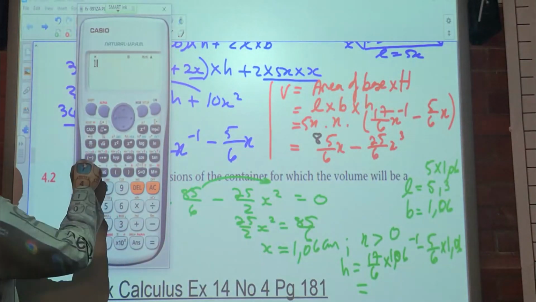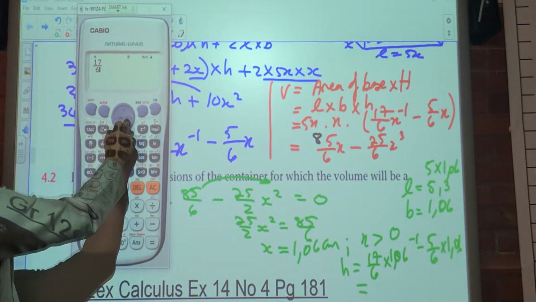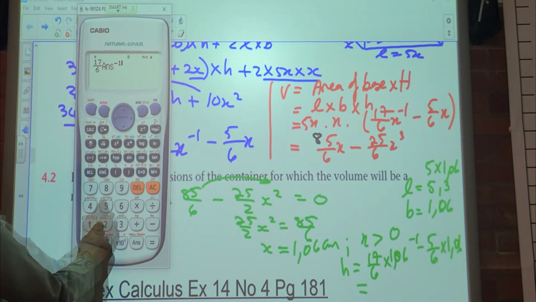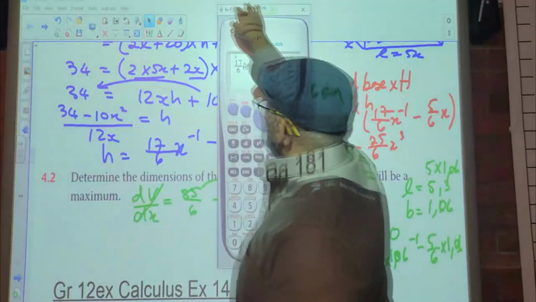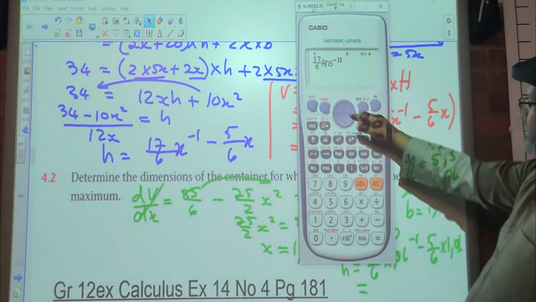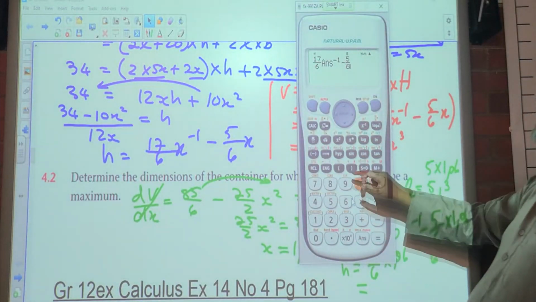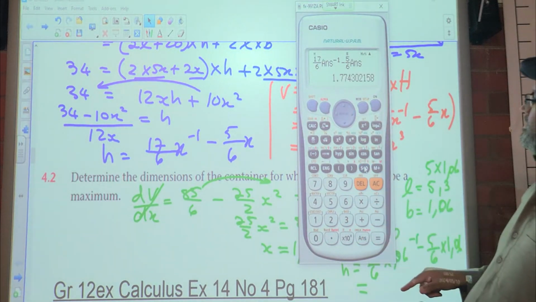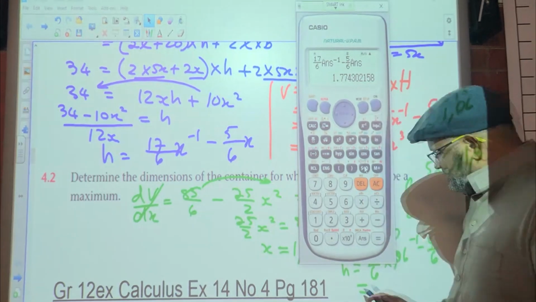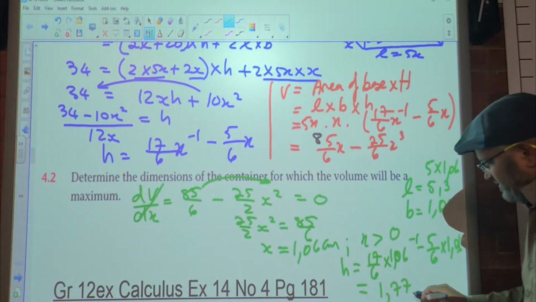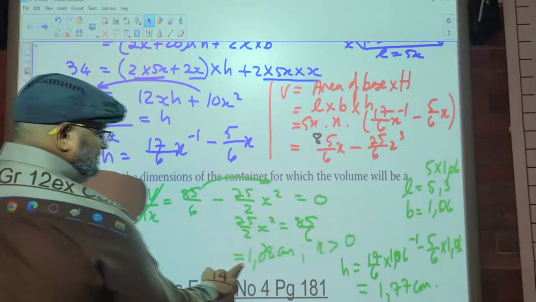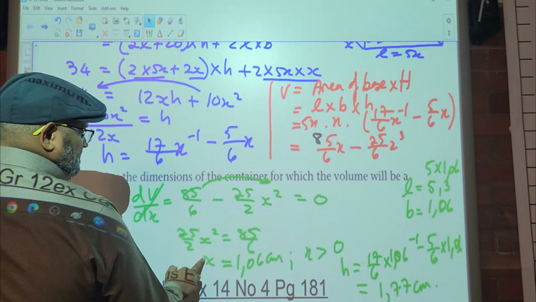So that is 17 over 6 answer to the negative 1, minus 5 over 6 answer. Gives me an answer of 1,77. Is that correct? 1,77 centimeters. Okay, it looks a bit flat here. Move this over.